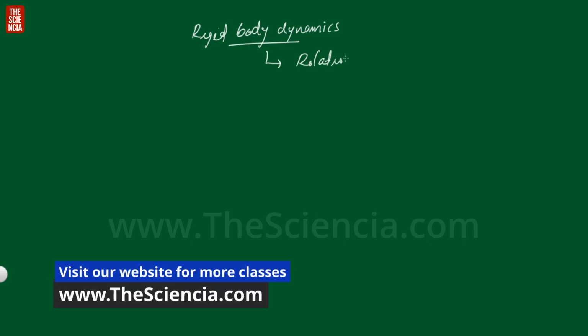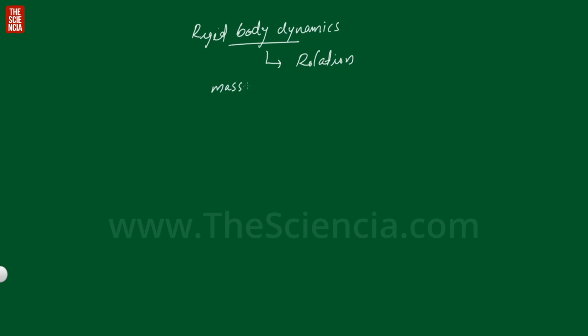Here I am concluding this chapter. So what we discussed for the last 2 days is rigid body dynamics, right? So in rigid body dynamics, what we deal with is rotational motion. So in rotational motion, we call mass the moment of inertia, right?